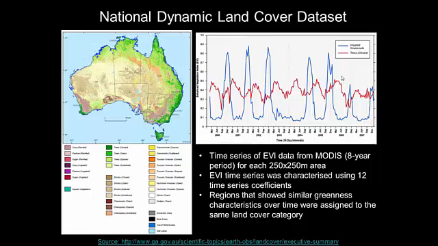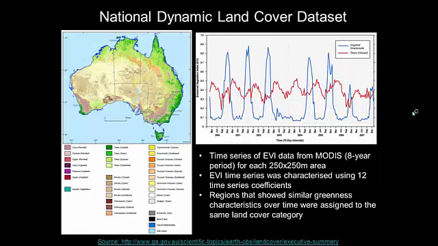Here you can see an example on the top of the time series displayed for a closed forest in red and an irrigated gramineous in blue. The EVI time series for each MODIS pixel area was characterized using 12 time series coefficients, which describe the statistical, phenological, and seasonal characteristics of the land cover.